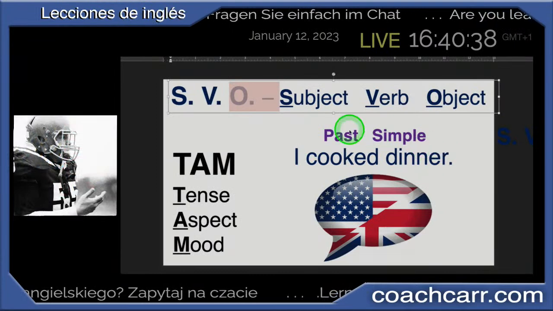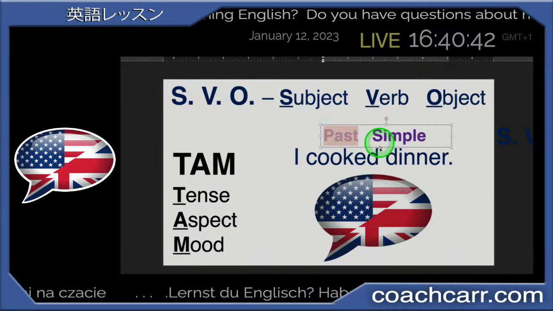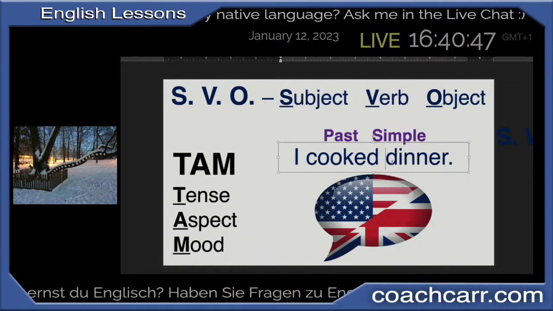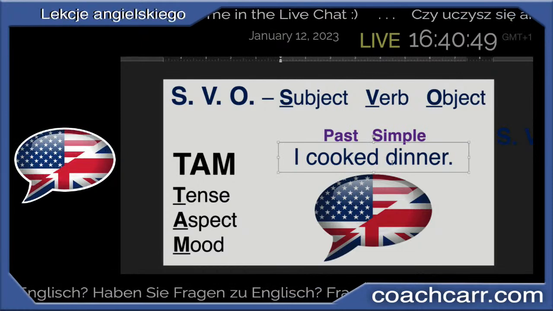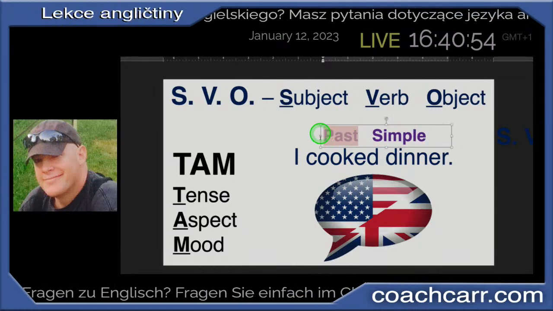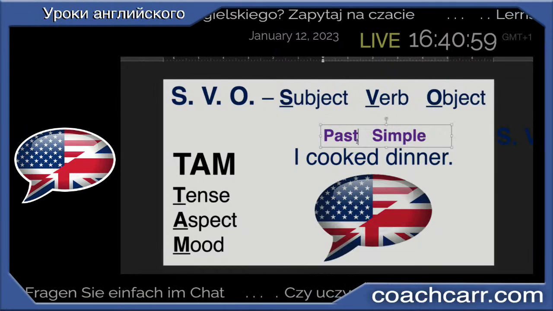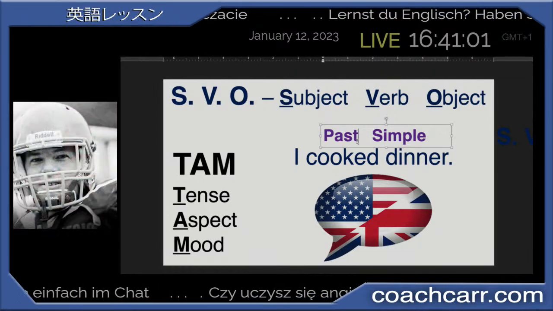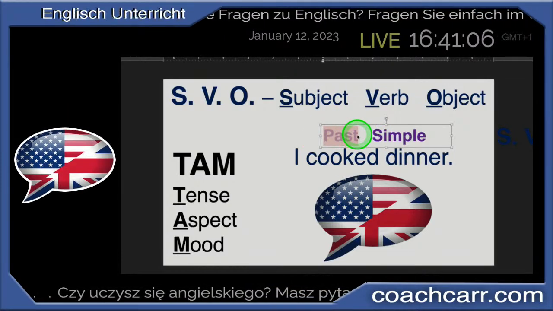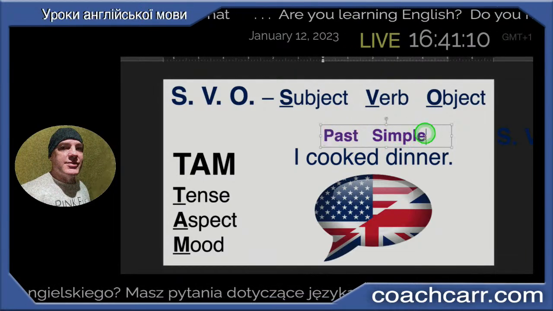I cooked dinner. Okay, this is in the past. Yesterday, last week, last month, I cooked dinner. This is really the only time that this word, or the time stamp, past, present, or future, it's really the only category in all of English grammar where these things fit together.